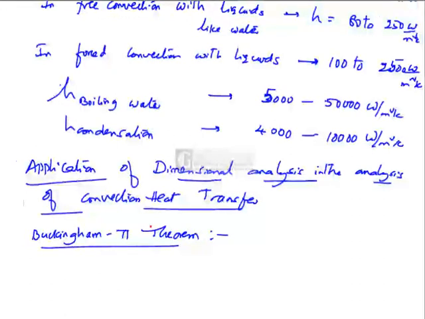In fact, this is a mathematical technique used in hydraulic machinery, fluid mechanics, and also in heat transfer. This theorem states that if in a functional relationship there are n number of variables, both dependent and independent put together, and if all the variables could be expressed in terms of m number of fundamental dimensions in toto, then the functional relationship could be written in terms of n minus m number of dimensionless pi terms.